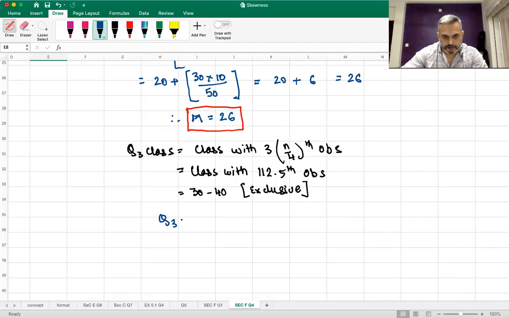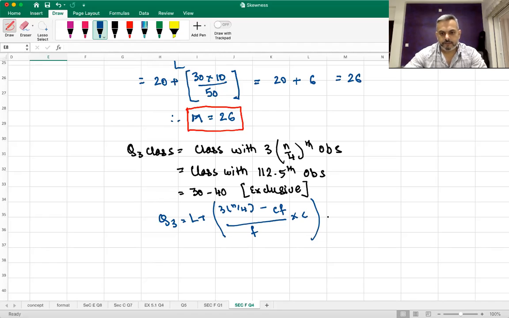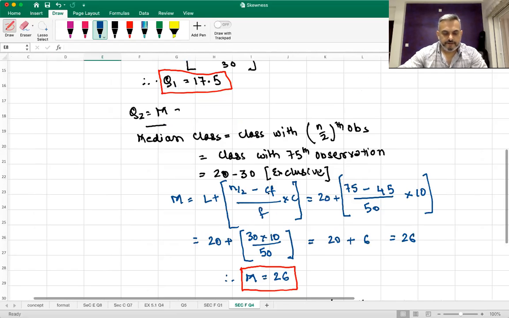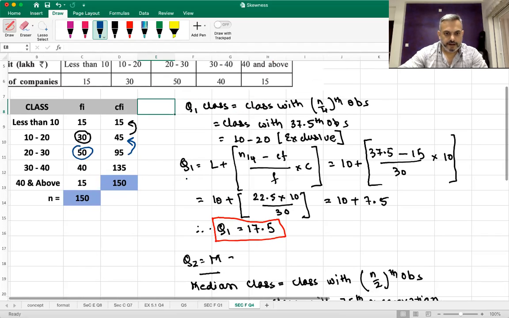So Q3 is equal to L plus 3n by 4 minus Cf upon F into C, which is equal to 30 plus 112.5 minus Cf, cumulative frequency of the class preceding.